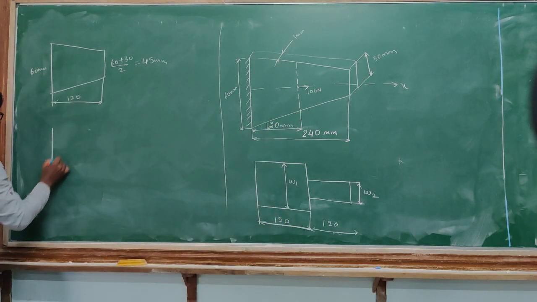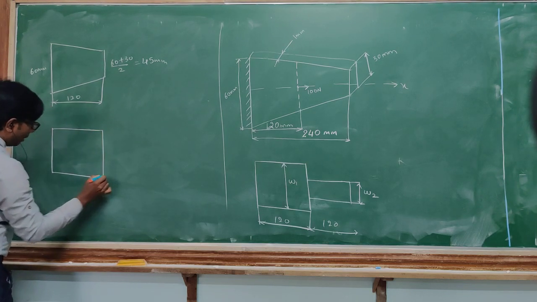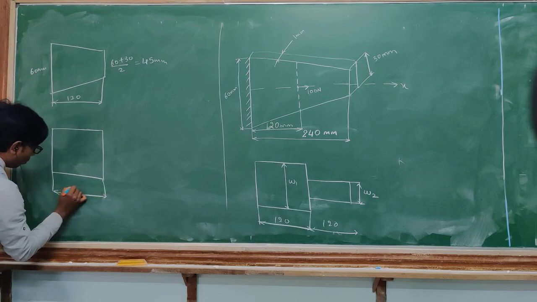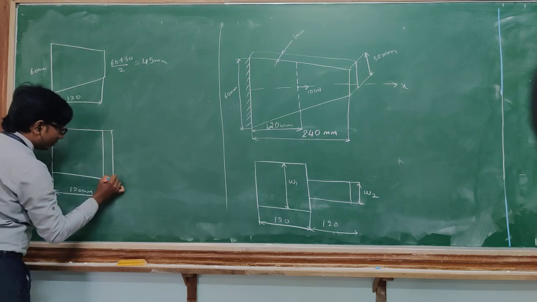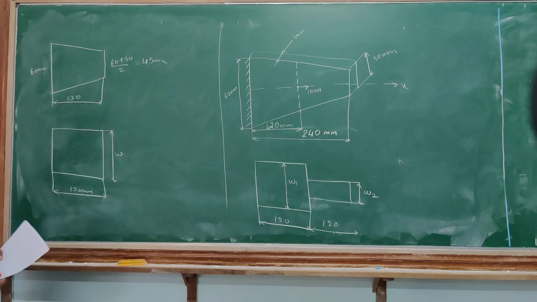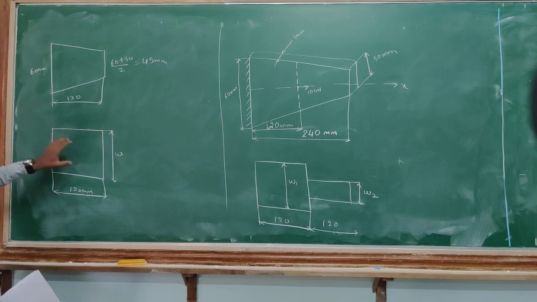So I will take a similar part. I know the length, which is 120 mm. I don't know the value of W1, so I'll equate. Whenever a trapezium is converted into a rectangle, the volume remains the same.